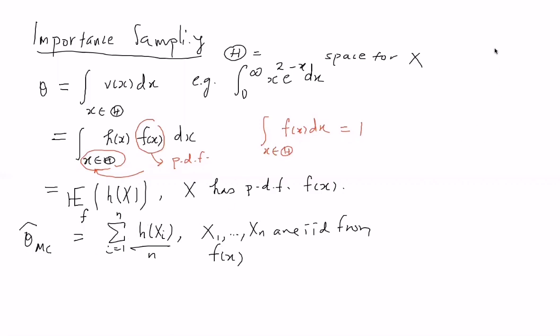Now, we could push this one more step. We could write theta equals the integral of h(x) f(x) divided by g(x), times g(x) dx, where you cancel off the g(x).